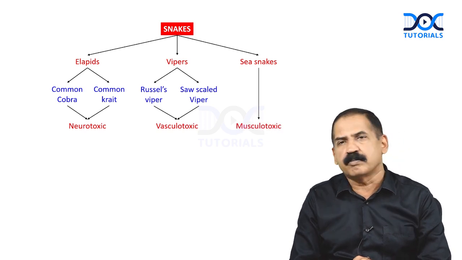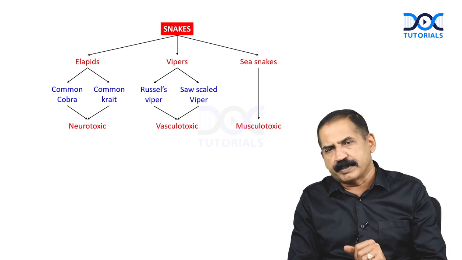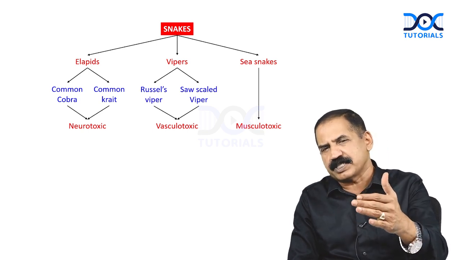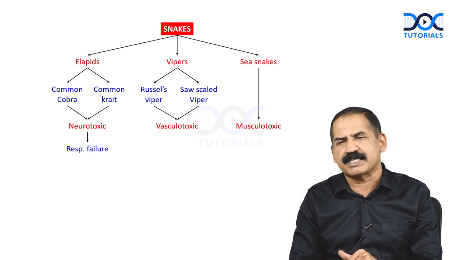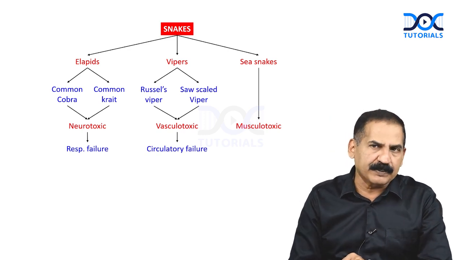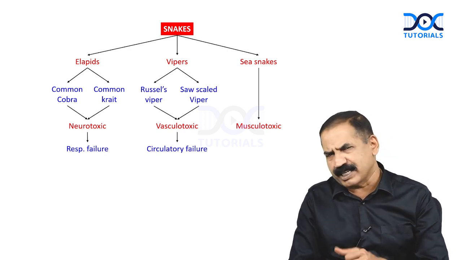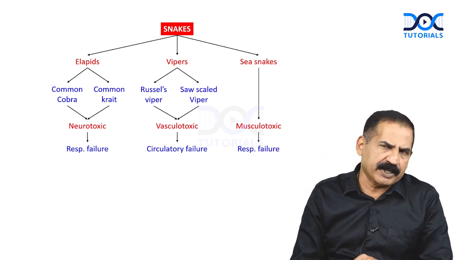Sea snakes are myotoxic. In case of elapids, because they are neurotoxic, death is due to respiratory failure, paralysis of the respiratory muscles. In vipers, death is due to circulatory collapse. In sea snakes, again because of paralysis of muscles and respiration, the person dies of respiratory failure.